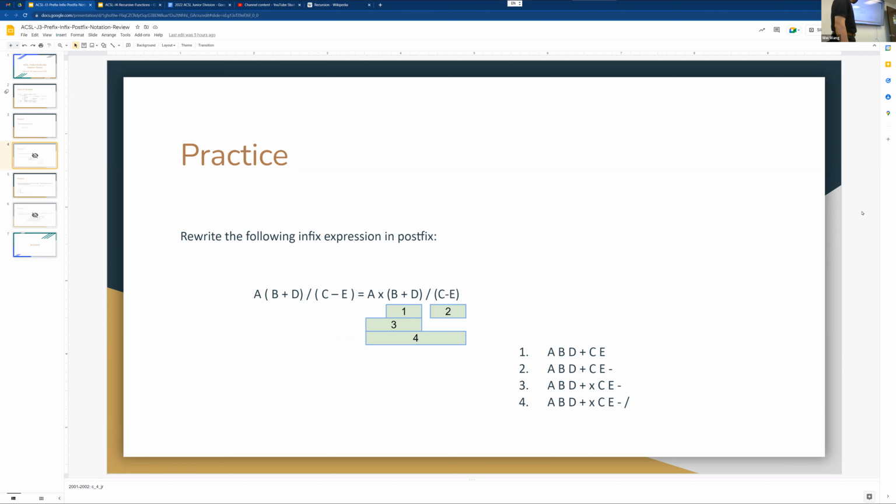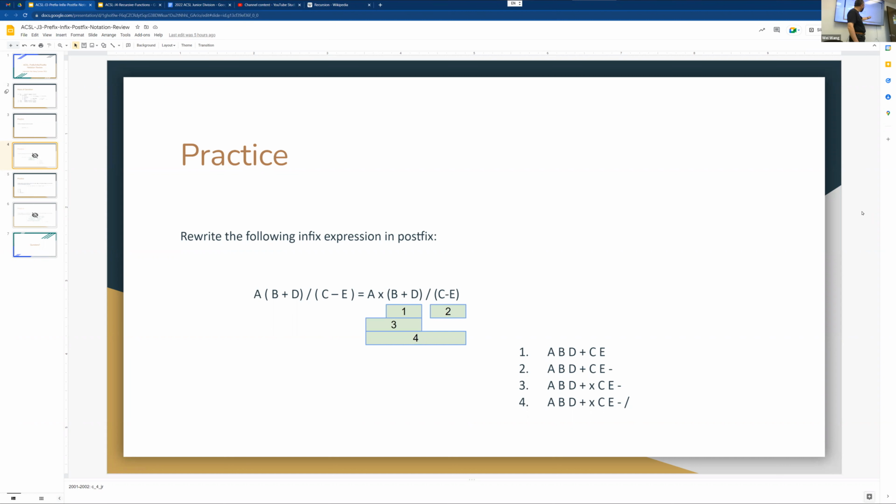So first, follow the infix rules. Parentheses first, and then multiplication, and then division.